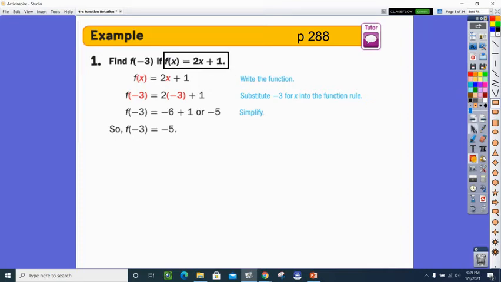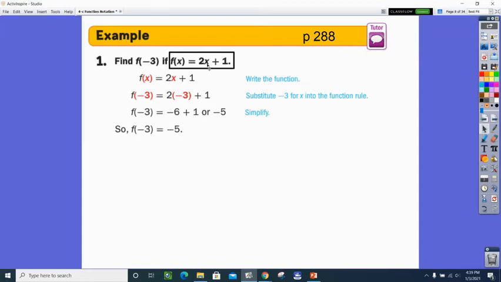And what it is saying is we're going to take an input and we're going to multiply it by 2. And then we're going to add 1. And we're going to get an output. So here is our function rule. So the question is, what number are we going to send into the machine, into the function? And this f of -3 tells you what's going in.